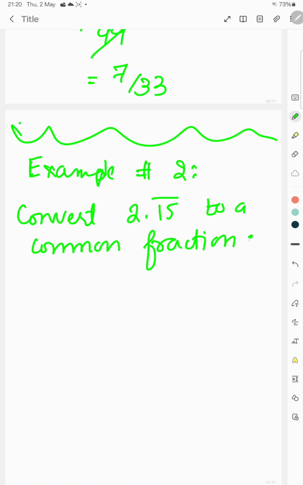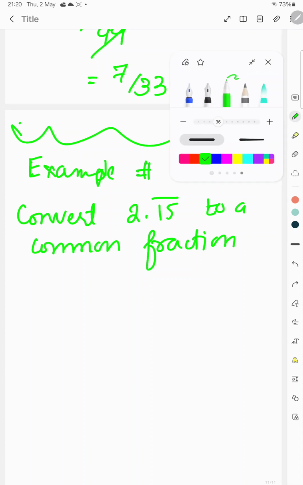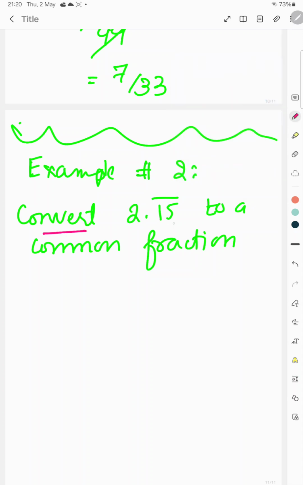So students, in the question it is given that we convert this recurring decimal to a common fraction, that is a by b form.